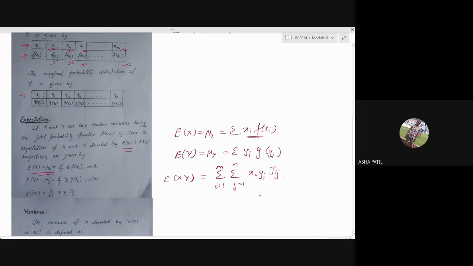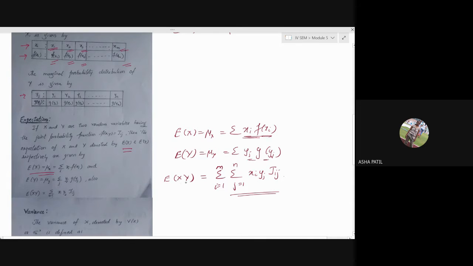So this is the expectation of x into y. You have to take the sum of all the probabilities. Here we go only for xi into f of xi, and here yj into g of yj.